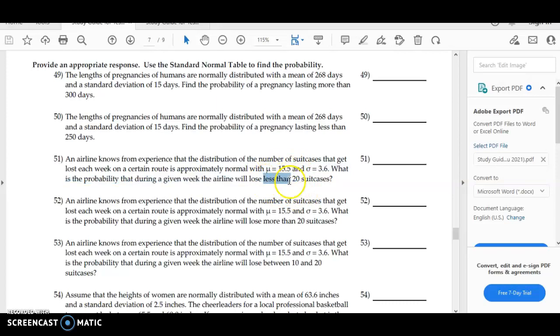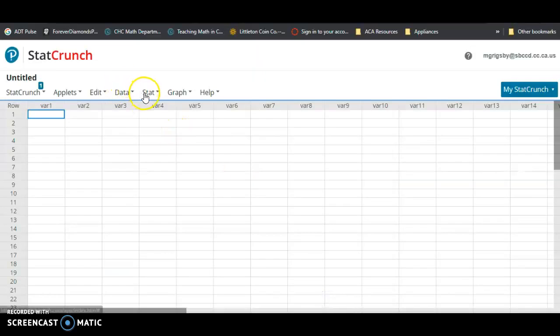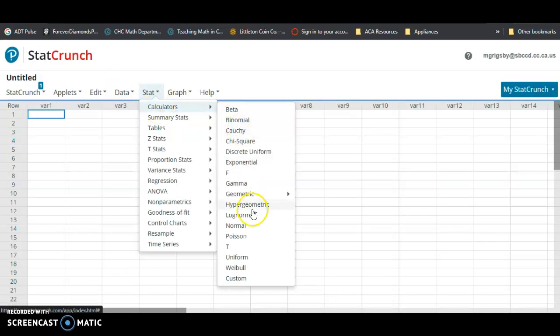It says less than, but in this case it really means less than or equal to. So we're going to take that to mean less than or equal to. When we do this in StatCrunch, we're going to go to Stat, Calculators, Normal.